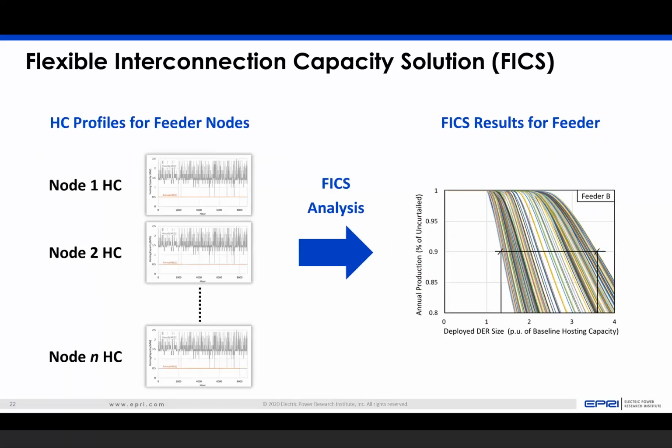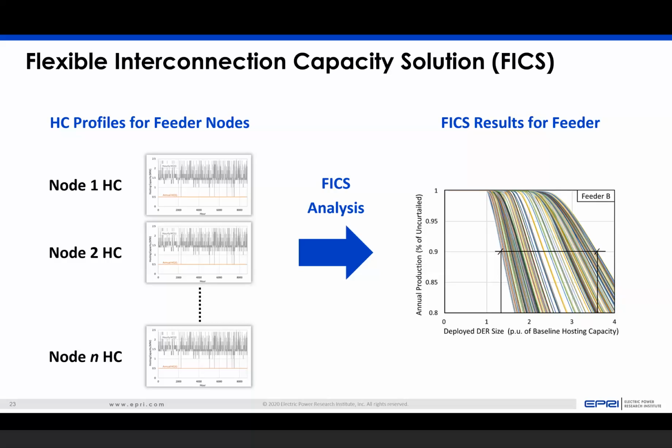So as I mentioned, we calculated at every node, walking through the feeder at every node along the feeder. We calculated the 8760 hosting capacity values, looking at thermal and overvoltage constraints. And what that creates is the curve to the right, which is what we call the FICS analysis results.